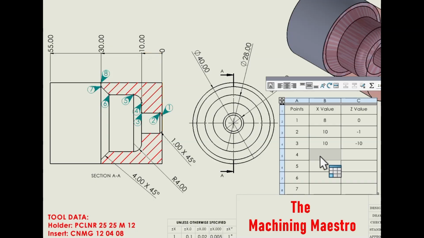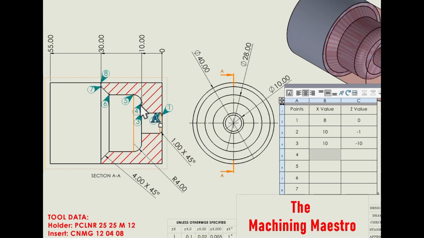Let's calculate the diameter at point number 4. There has not been any diameter reference value provided over here, so to get the reference, we should consider point number 5. At point number 5, the diameter is 28.